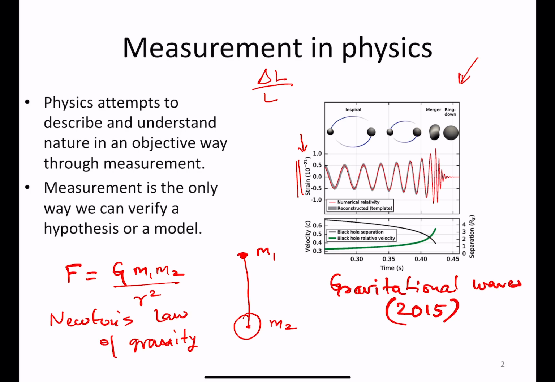The actual length of the tunnel L here was 4 kilometers, and when the gravitational wave passed through, the length fluctuated by 10 to the power of negative 21 times 4 kilometers. That is a thousandth of the width of a proton. So it's insane that we can do a measurement with that kind of accuracy.